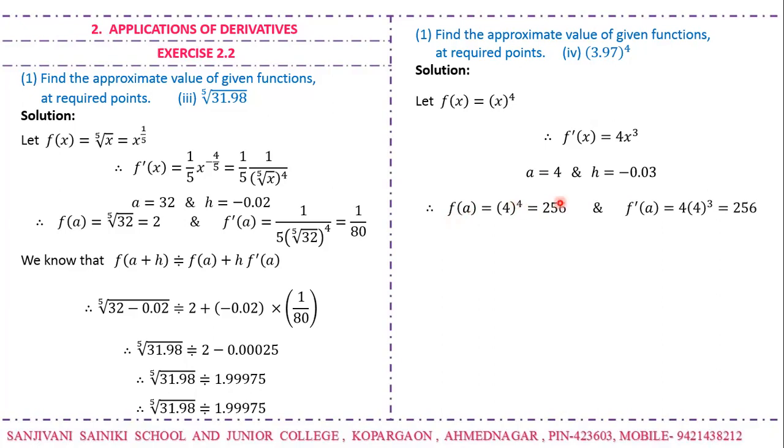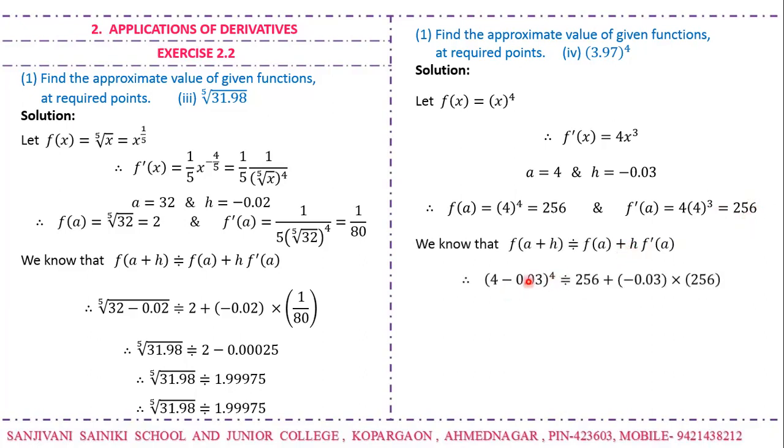So f of a is equal to 4 raised to 4, which is 256. And f dash at a, that is f dash at x equal to 4, is 4 into 4 cubed, which is also equal to 256. Use the approximation formula and put those values in. You will get 3.97 raised to 4 is approximately equal to 256 minus 0.03 into 256.